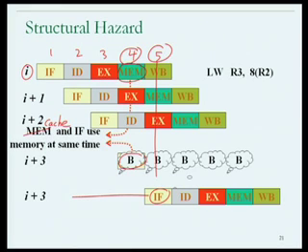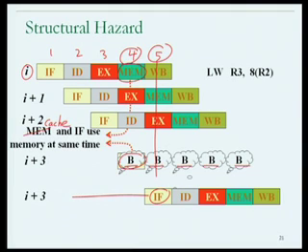Now, what happens to this bubble? You will notice that I've conceptually shown this bubble as progressing through the pipeline just like an instruction would. Because if you think about it, if the instruction fetch hardware was not being used in cycle number 4, but only in cycle number 5, then what will happen to the instruction decode hardware in the next cycle?